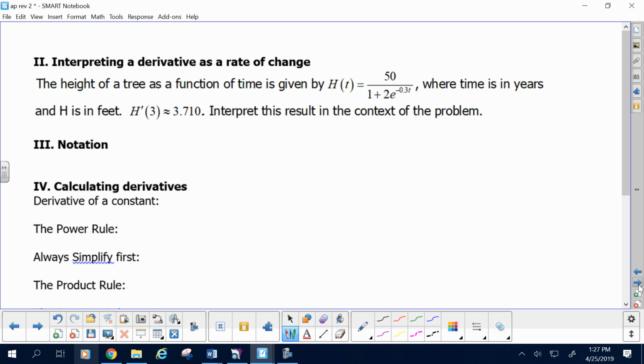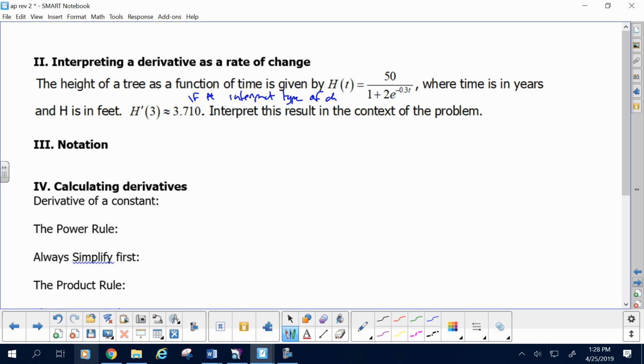Interpreting a derivative as a rate of change. They will often ask you to interpret a derivative. Sometimes they will say, what is h prime of t? Generally, in which case you say it's the rate at which the height changes. Sometimes they ask you to interpret a number. If it's a number, make sure you interpret the nature, or type, of the change.